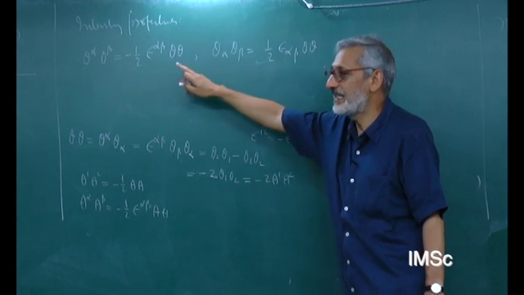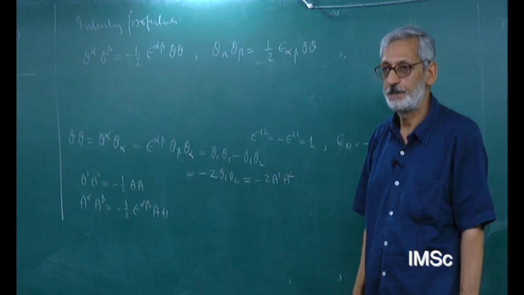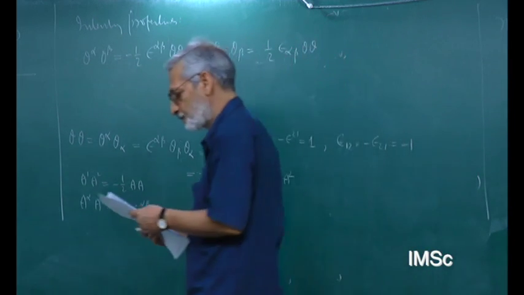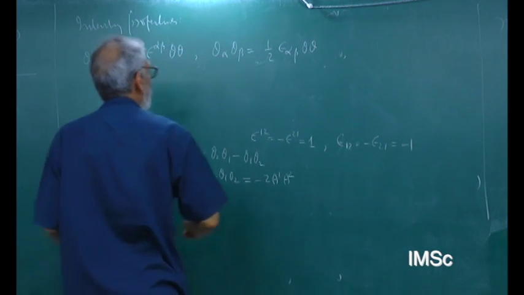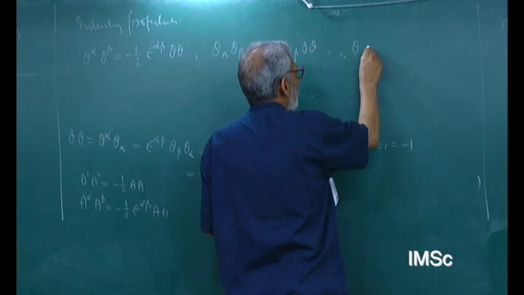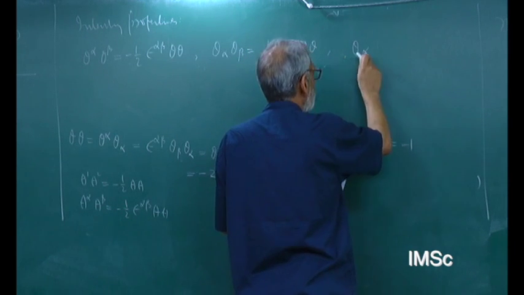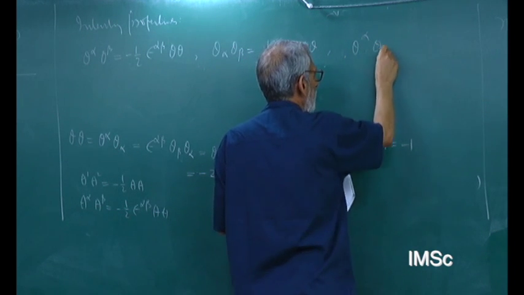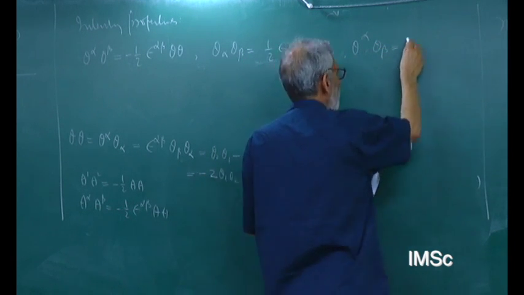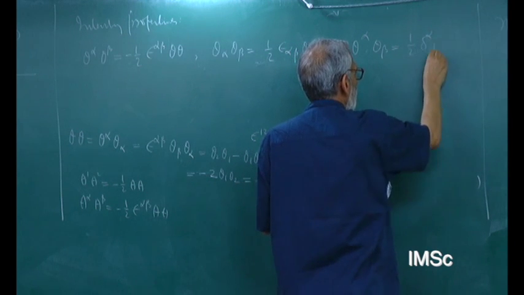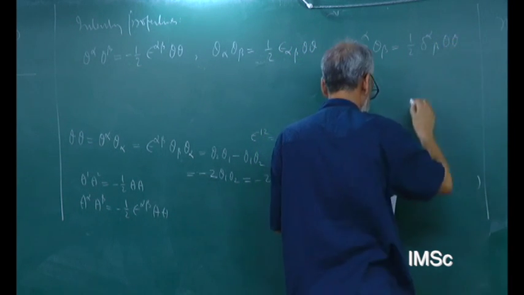So, that is why there is a change of sign in the two. And theta alpha down, alpha up, theta beta down is the same as half alpha beta theta theta.